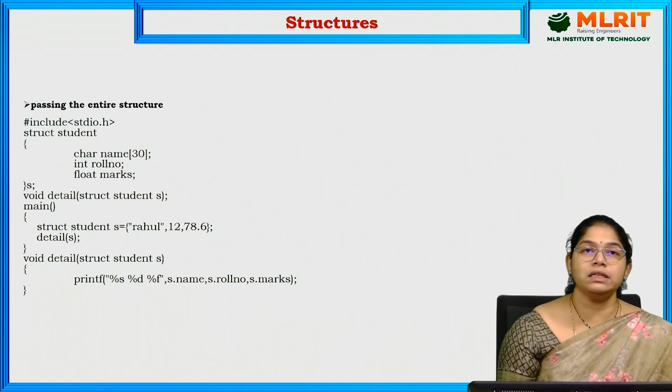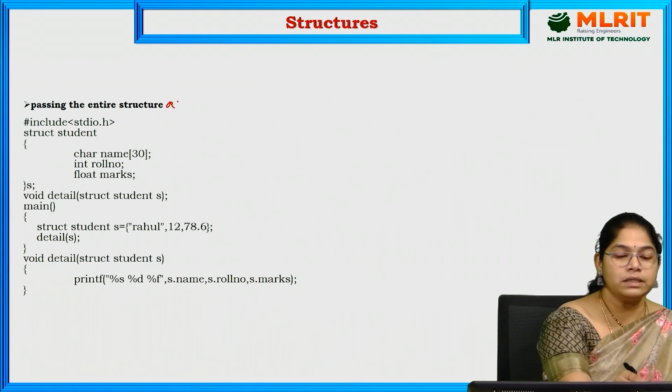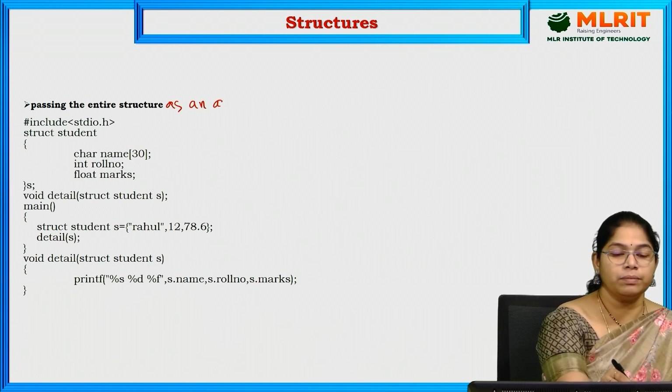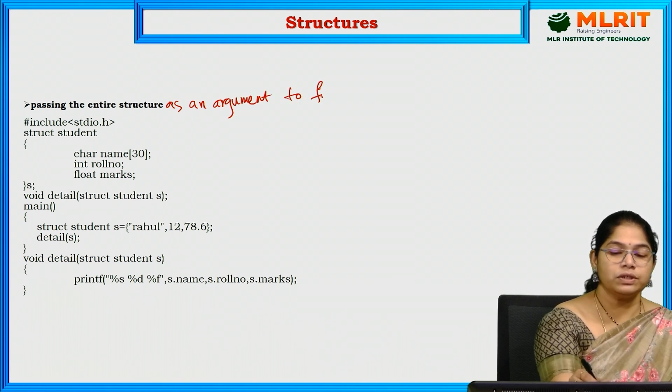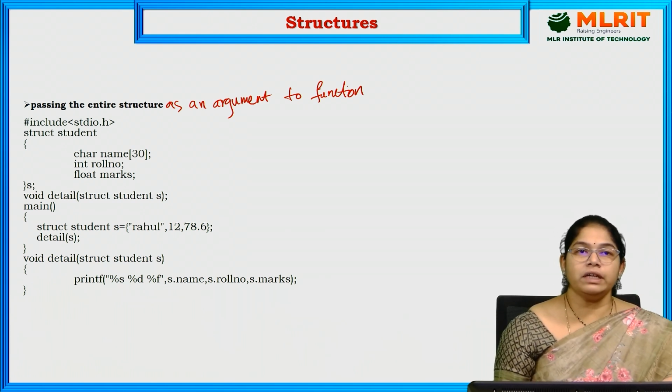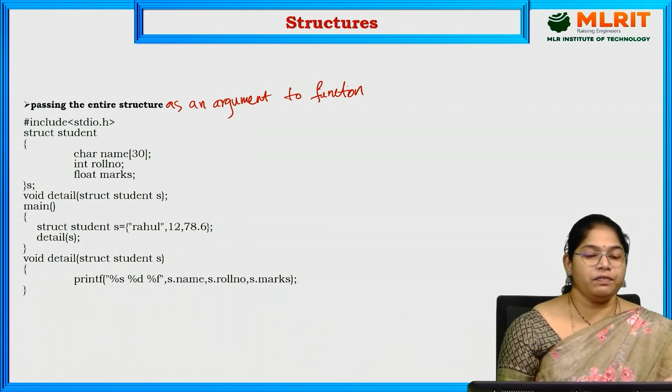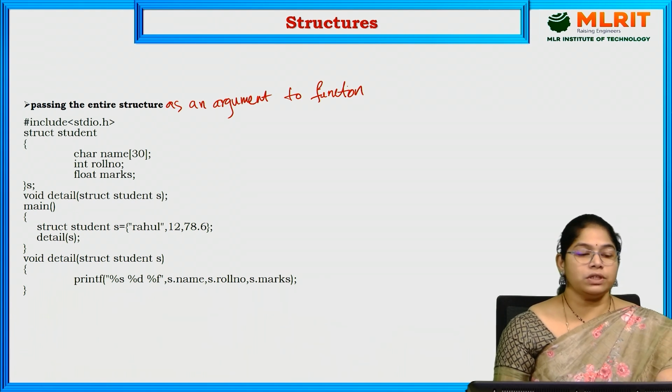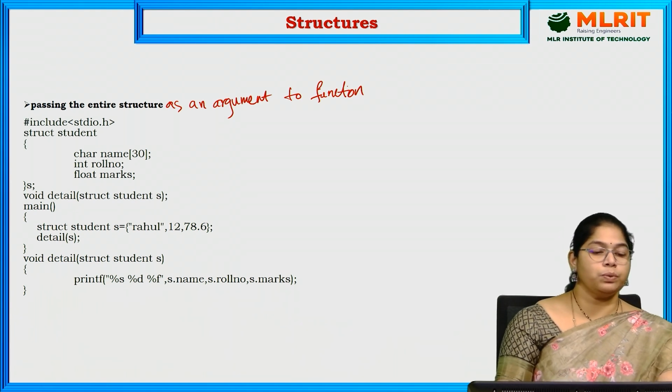Next is passing the entire structure. I am passing the entire structure as an argument to the function. So whenever we are writing a function, we have a declaration, function call, and a definition. To write a structure, we need the struct keyword, then student.